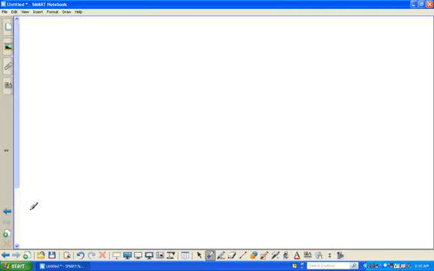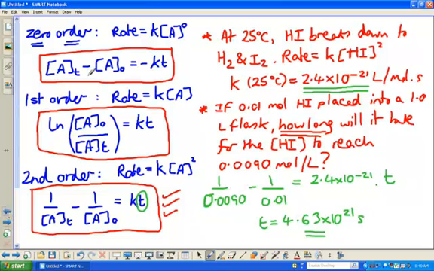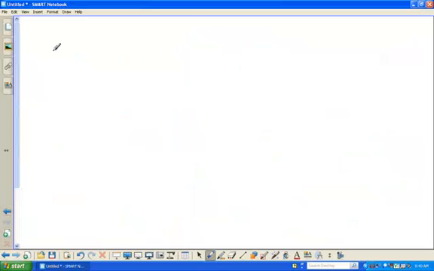This whole thing is based on the fact that our three rate laws here can be written out in the form of the equation of a straight line. So if I just take my 0 order rate law, that was our original equation. So we know that this minus this is equal to this.